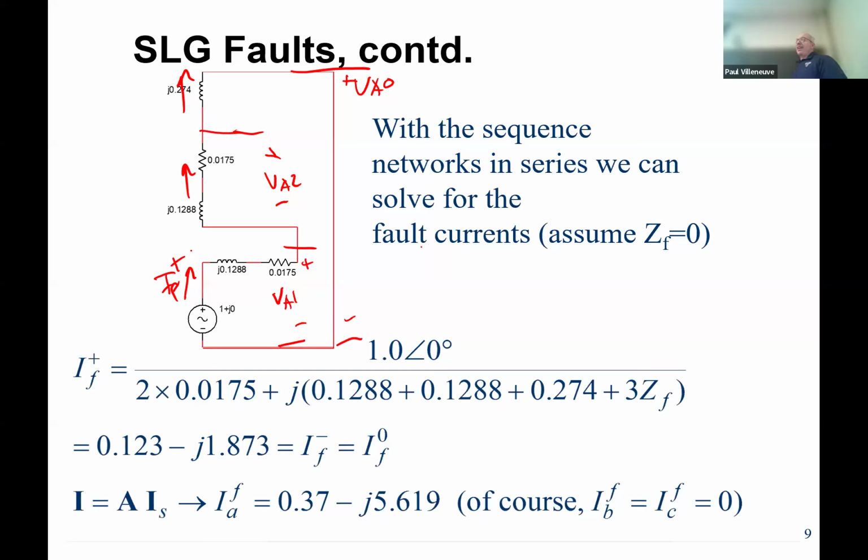If I add the three together, then I end up with 0.37 minus j5.619.